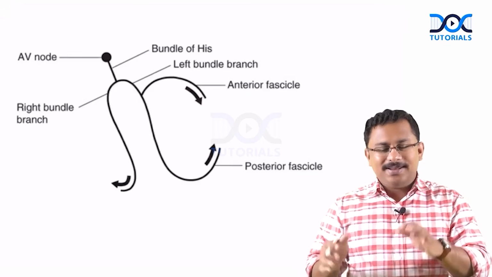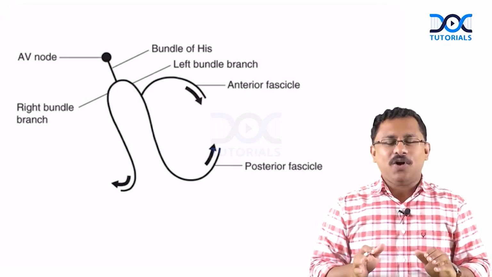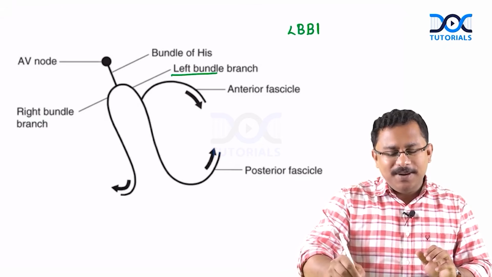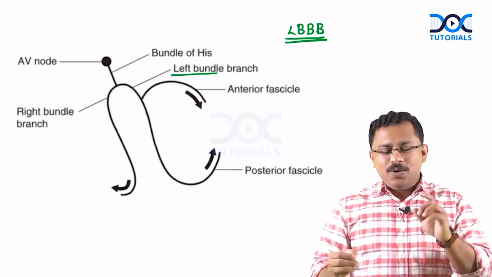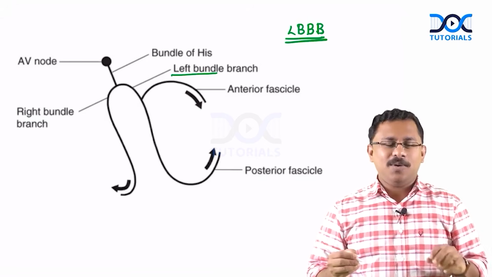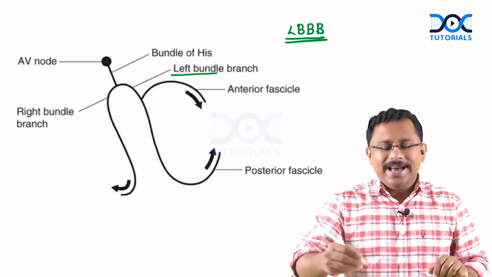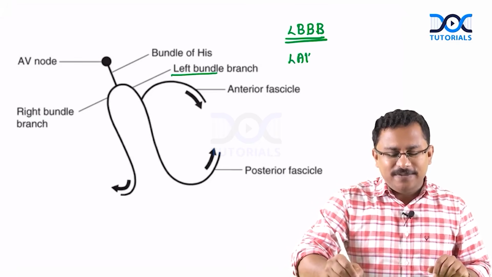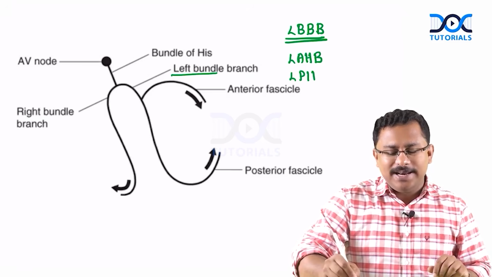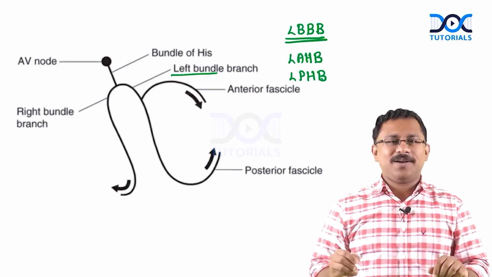Either the left bundle branch per se can be blocked, which you call a complete LBBB, or you can have an anterior fascicle block or a posterior fascicle block. An anterior fascicle block is called a left anterior hemiblock, and a posterior fascicle block is called a left posterior hemiblock.